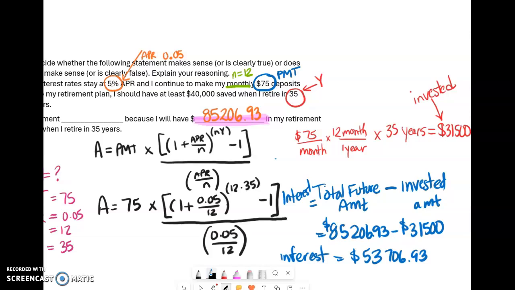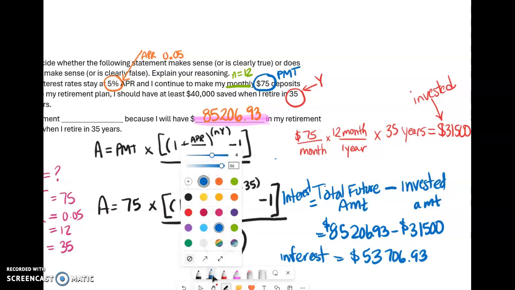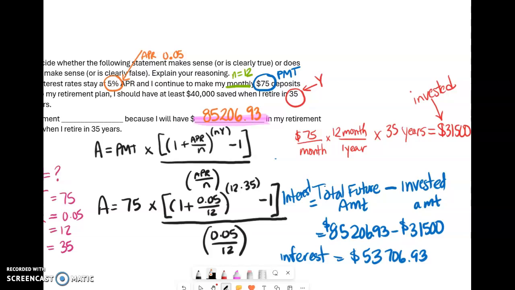But this question didn't really ask that. It asks, because you will have this much in your retirement, is it the same as 40,000? No, so this statement does not make sense.